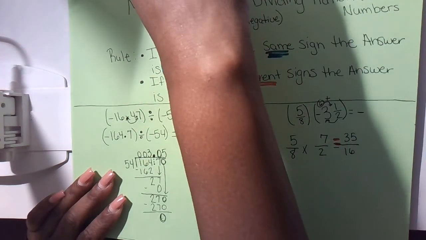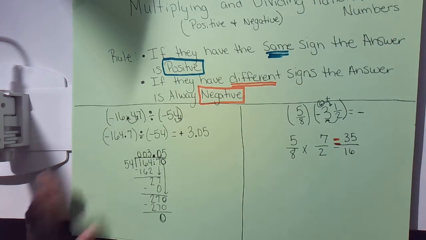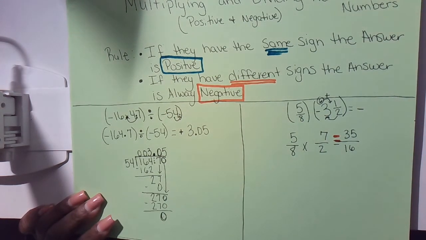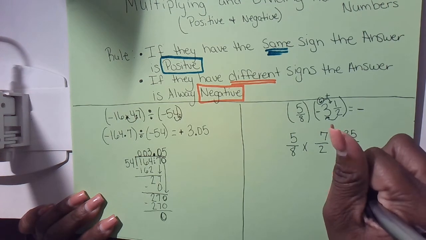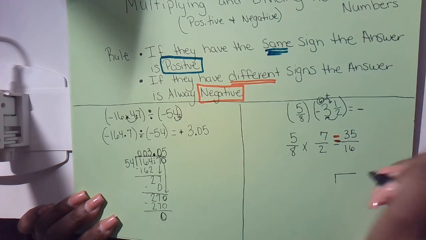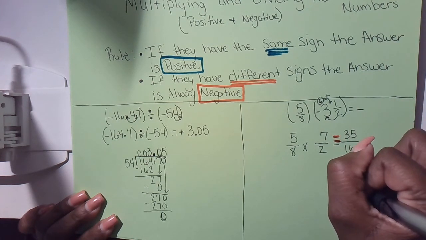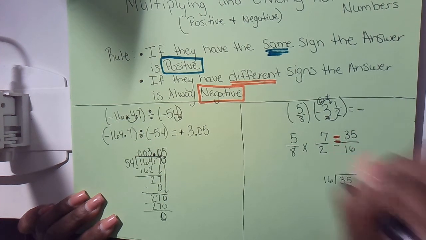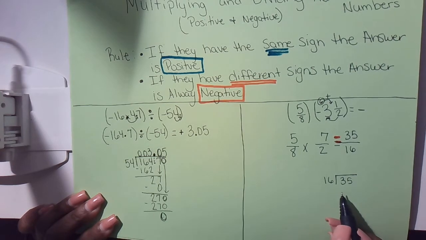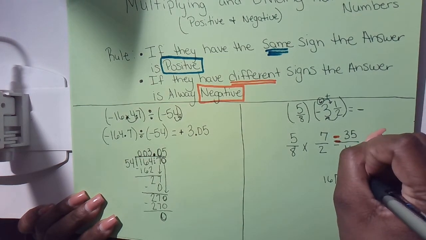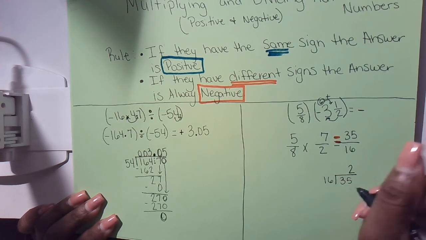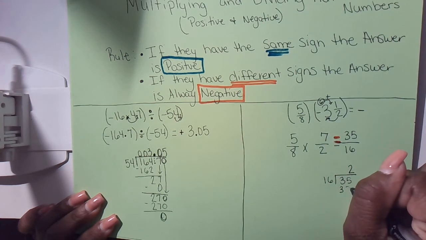Now, this is an improper fraction, so I want to go ahead and turn it into a mixed or whole number, and I do that by simply dividing. So I'm going to divide the numerator by the denominator, and 16 can go into 35 two whole times, because 2 times 16 is 32.